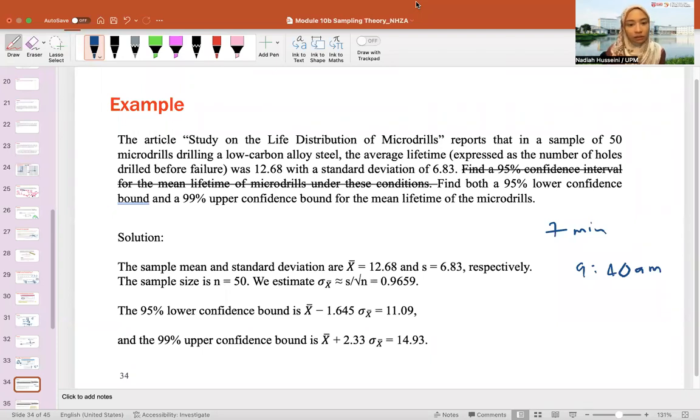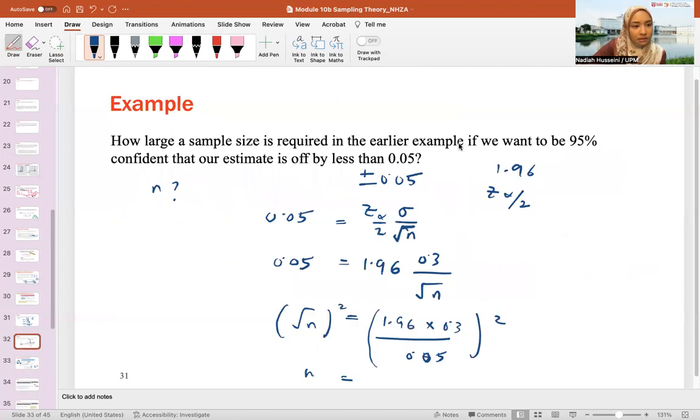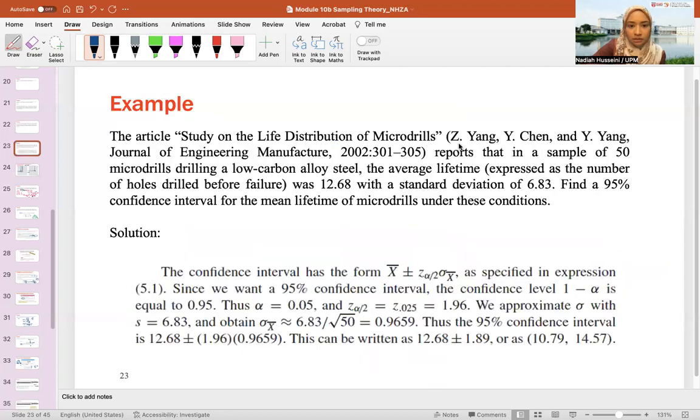The article on the life distribution of microdrills, the same example that we talked about earlier, reports that in a sample of 50 microdrills drilling a low carbon alloy steel, the average lifetime was 12.68 with a standard deviation of 6.83. So let's call this example star.